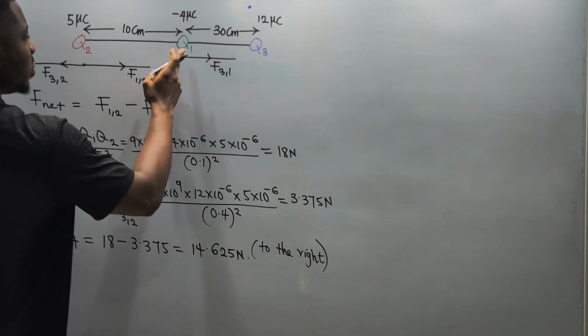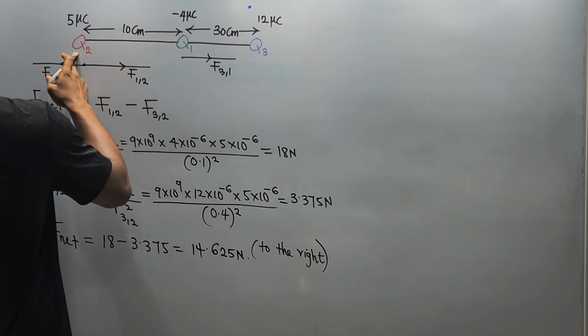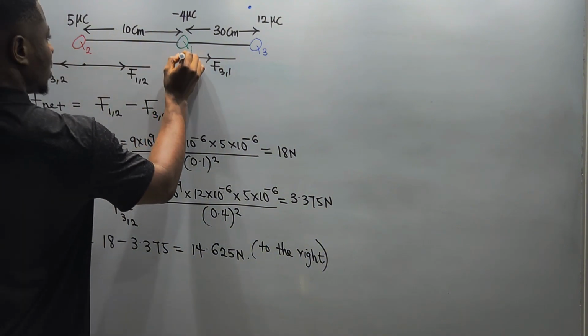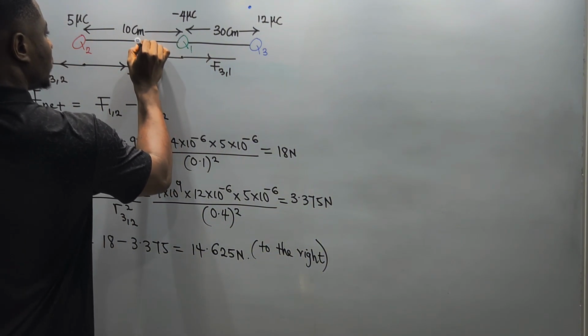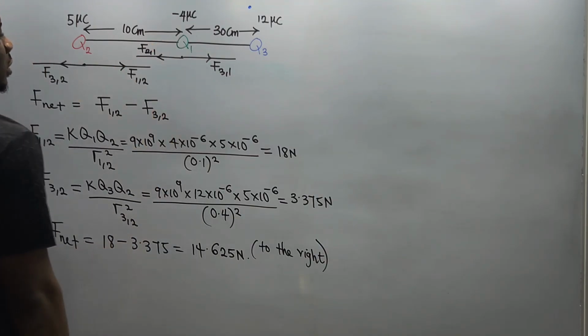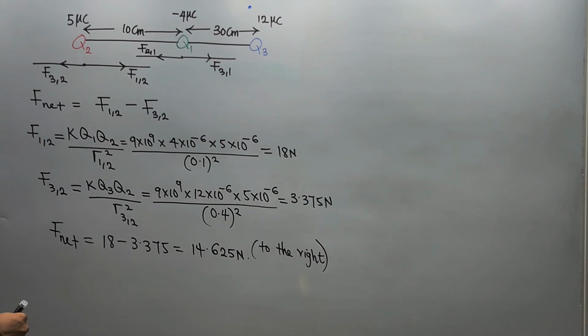Then again, between these two, 2 on 1 is still attractive because it is negative and positive, so there's still going to be an attraction here. So this is F2 on 1, an attraction of 1 to 2.